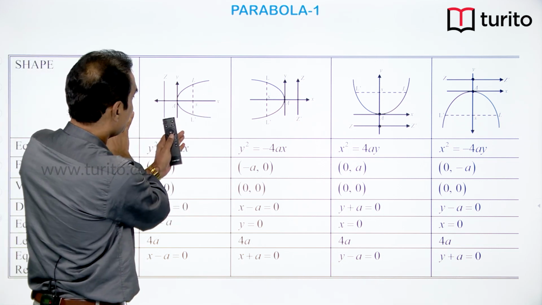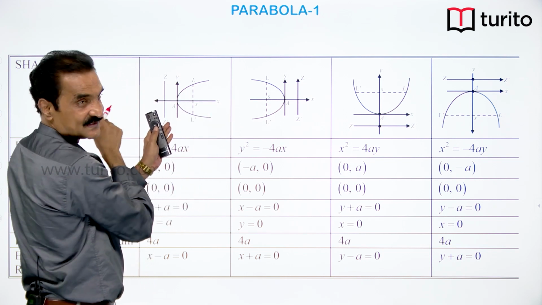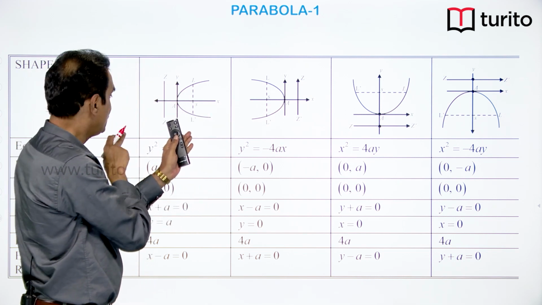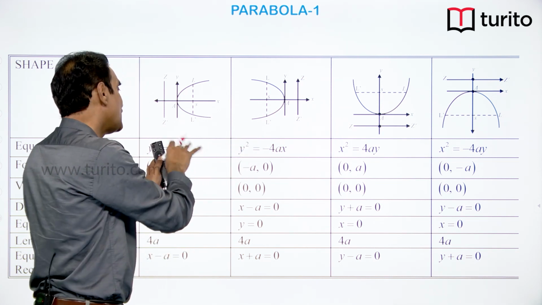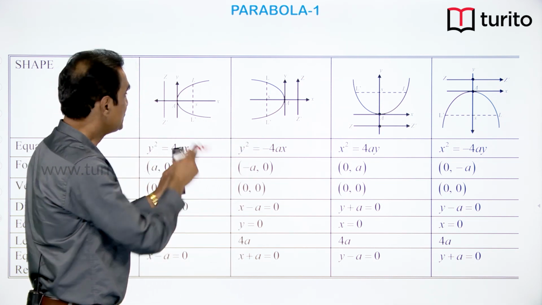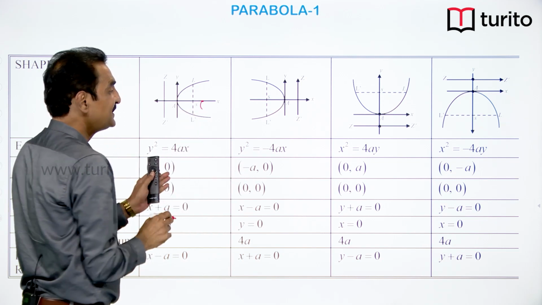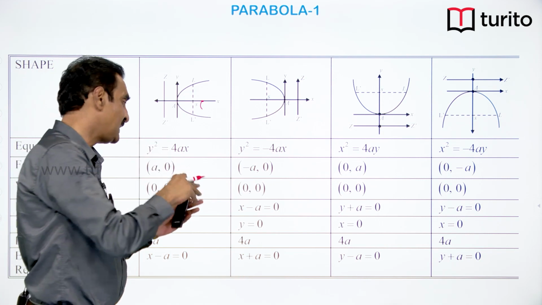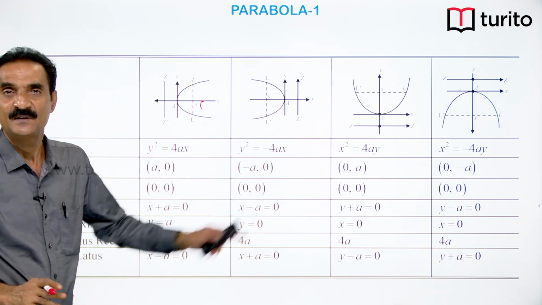Just you have turned it like this. That means plus x becomes minus x. Is it not? So, replacing x by minus x, you will get this, or replace a by minus a, because the focus here has coordinates a comma 0, here minus a comma 0. So, replacing a by minus a everywhere, you will get the second column.